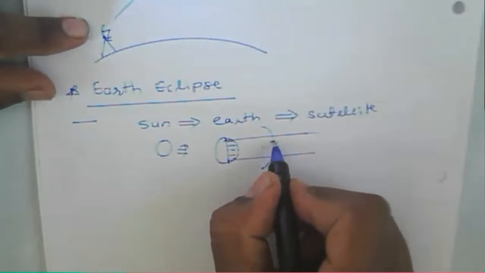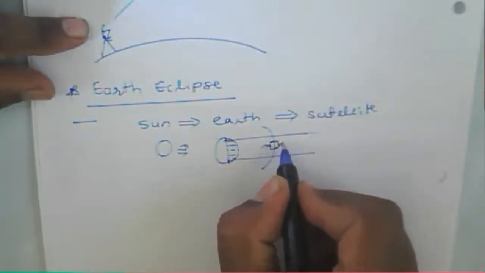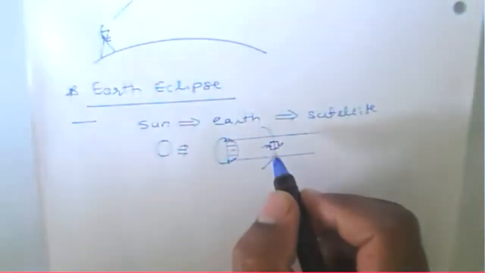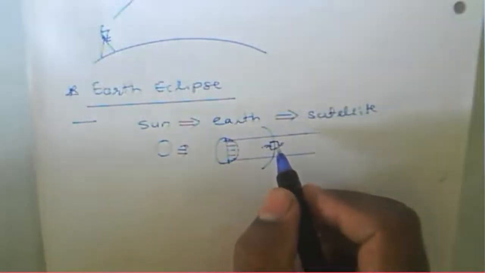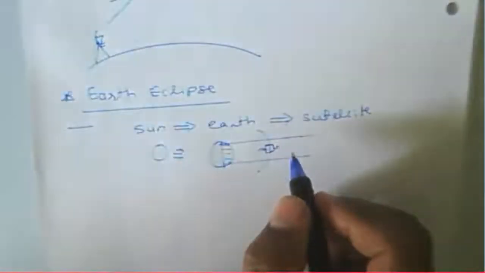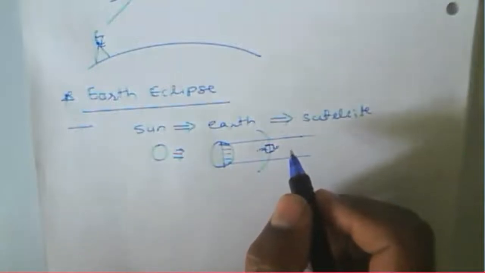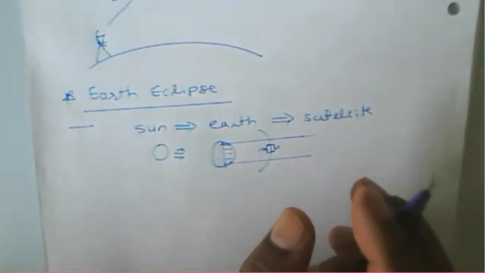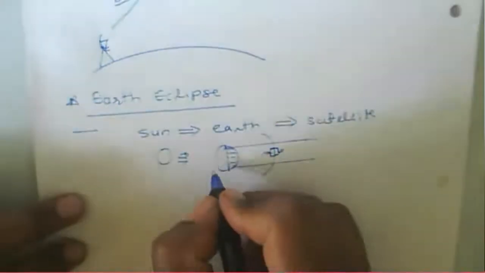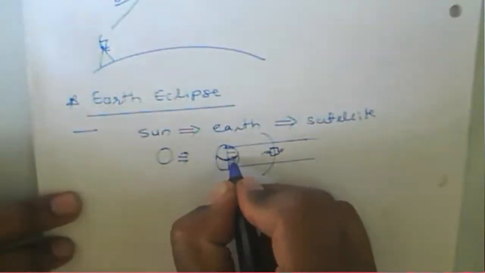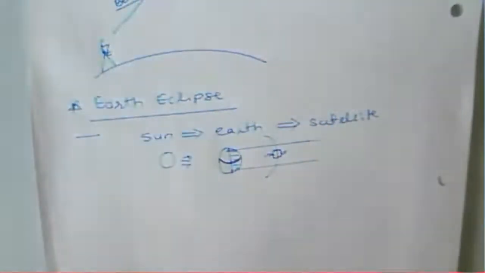Because of that shadow, if the satellite is present in this particular orbit, a shadow will appear on the satellite. It depends upon what the orbit is. Suppose we consider a geostationary orbit.